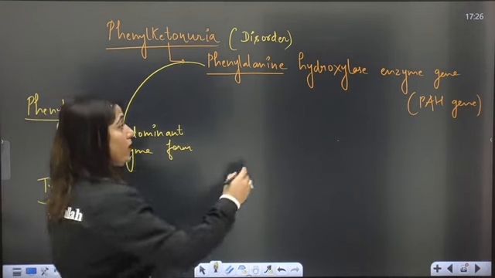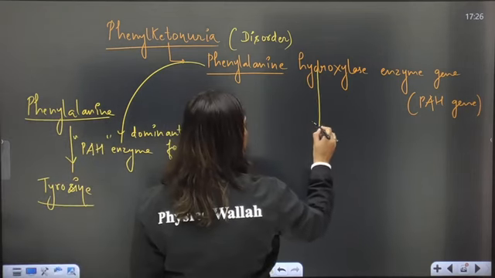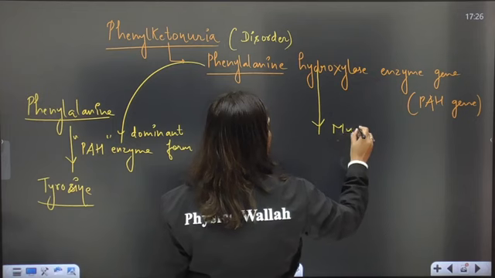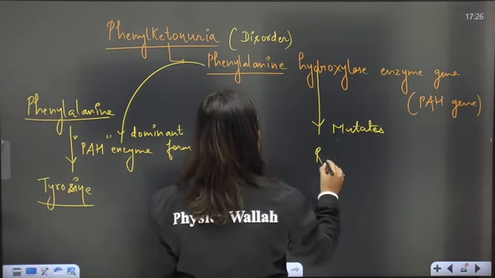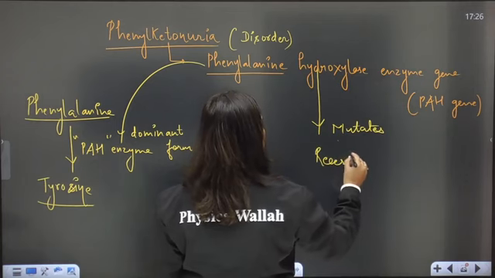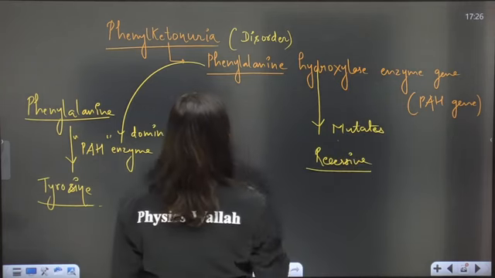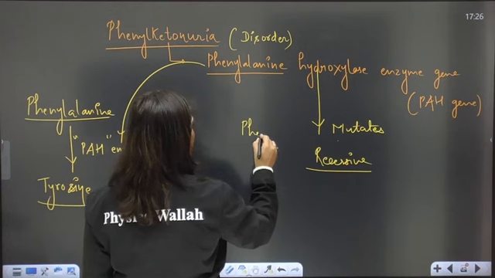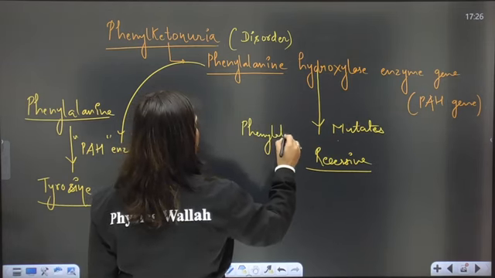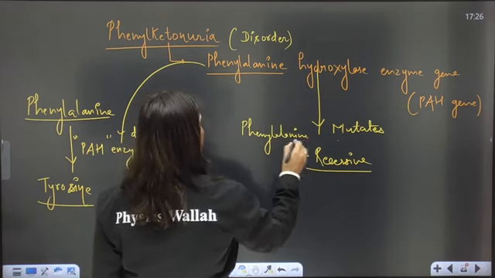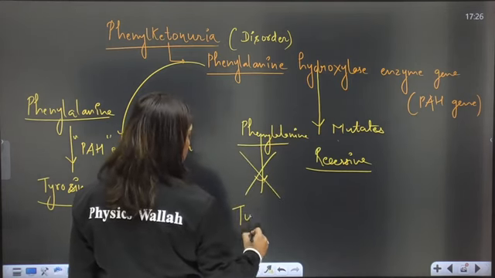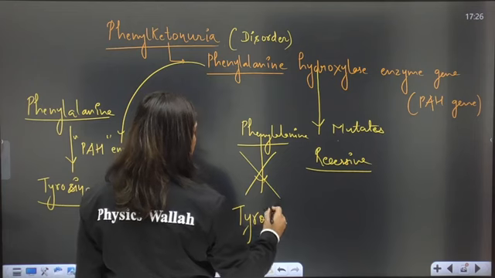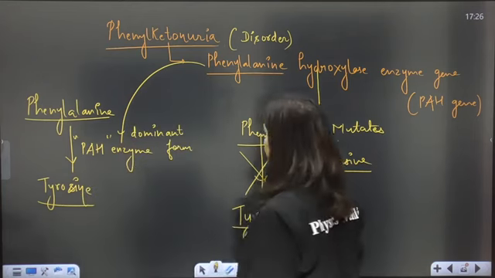But when this gene mutates, then it becomes recessive. And if it is recessive, then phenylalanine will not be converted to tyrosine. Why will it not be converted to tyrosine?